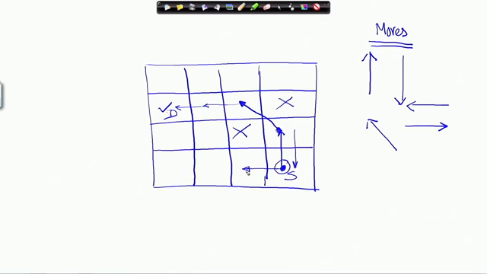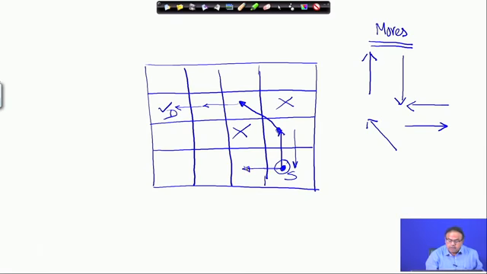Let us see, if instead of going up, I had taken this move 1, because I could not go diagonally, then I move diagonally 2, then with 3 moves I can reach the destination. Assuming that the costs are the same, this is a better move.